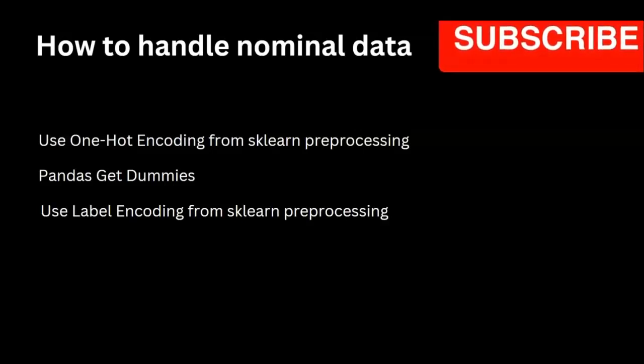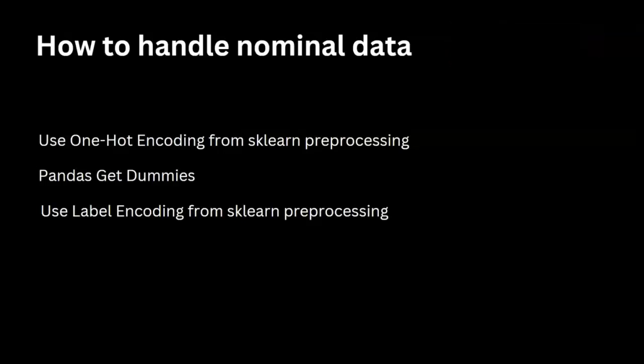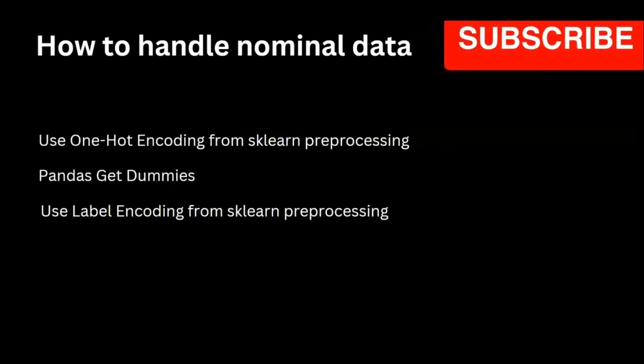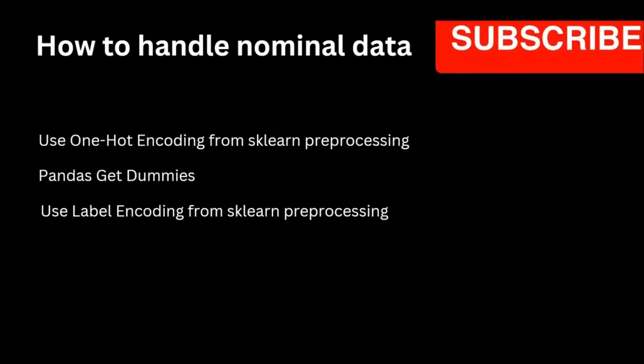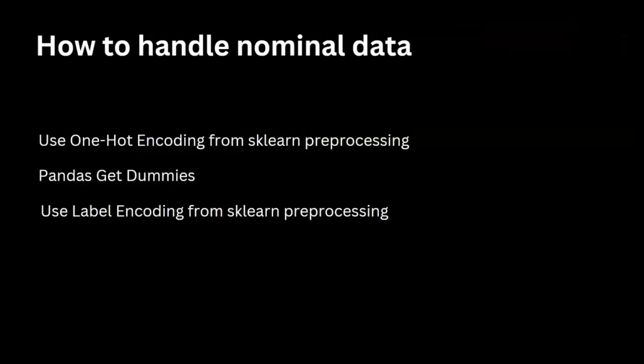So better you use these three modules, that is one hot encoding, get dummies, and label encoding. Get dummies is from pandas, and from sklearn preprocessing you will get one hot encoding and label encoding. These are the modules that will transform your categorical data into binary data.